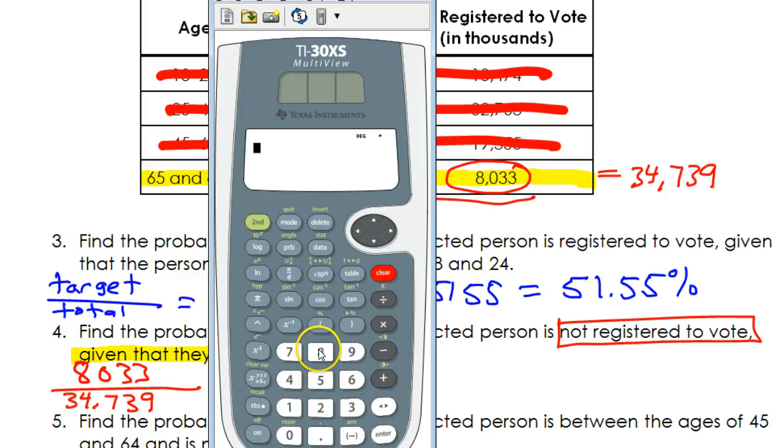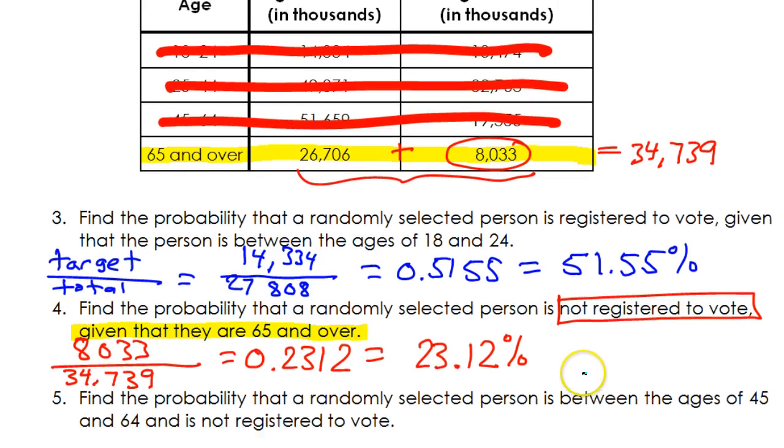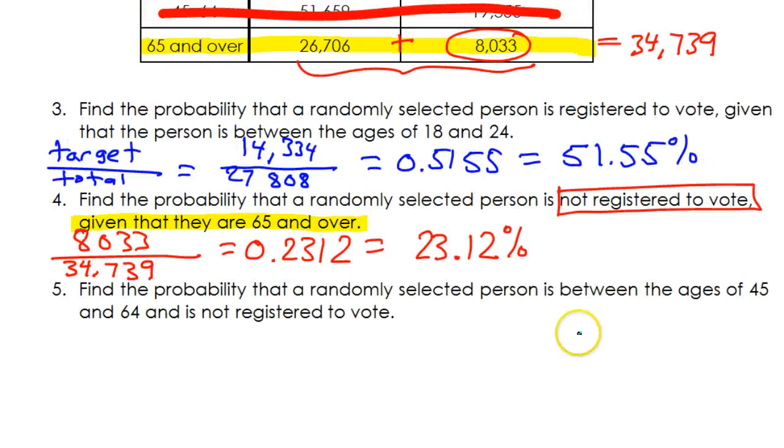So I've got 8033 divided by 34,739. Okay, so we're going straight to decimal. 0.2312, which as a percent would be 23.12%. Okay, easy peasy lemon squeezy.